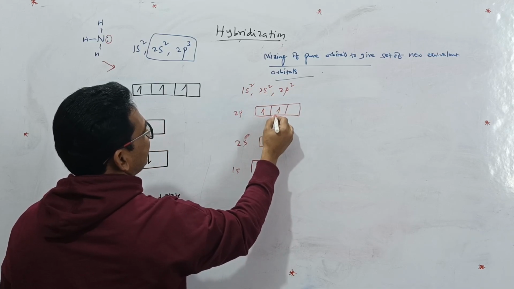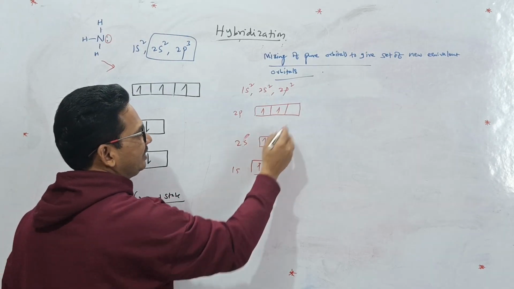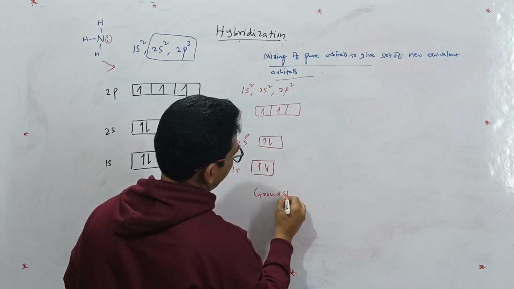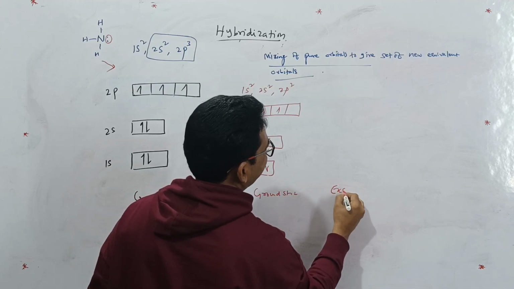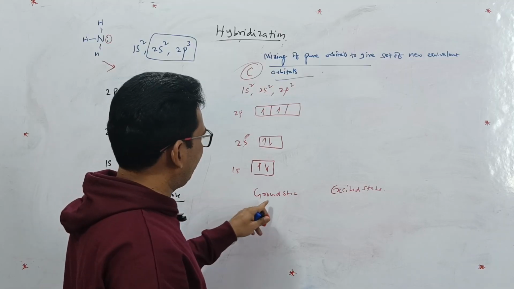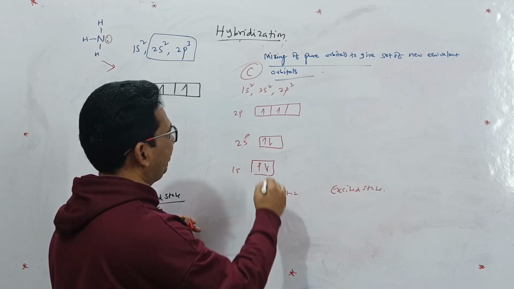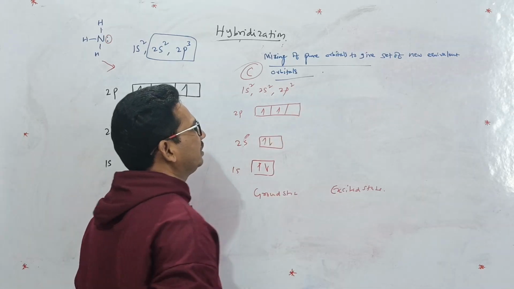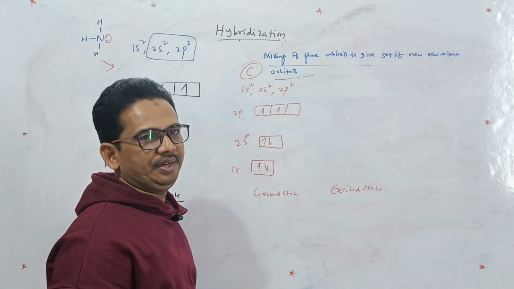Only 2 orbitals are filled, and another one is unfilled. That is why it goes from the ground state to the excited state, to transfer one of the electrons to the empty p orbital.